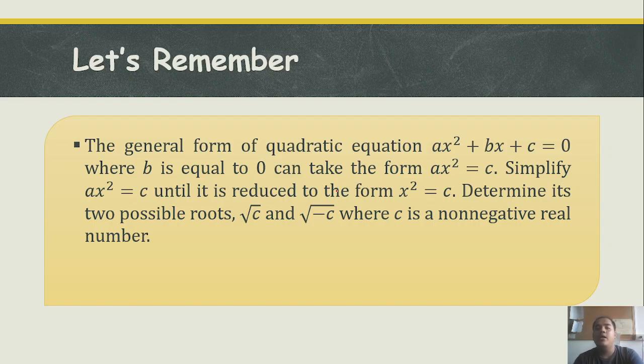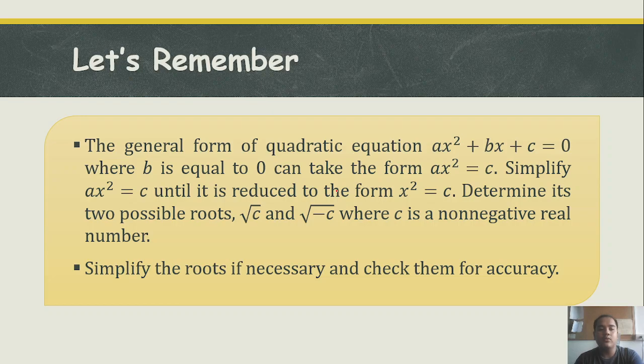And again, class, let me repeat, solving by extracting the square root is only applicable when our quadratic equation is in the form of a quadratic equation with no linear term, ax squared is equal to c. We need to change ax squared is equal to c into the simplest form x squared is equal to c, then that is where we perform extracting the square root.